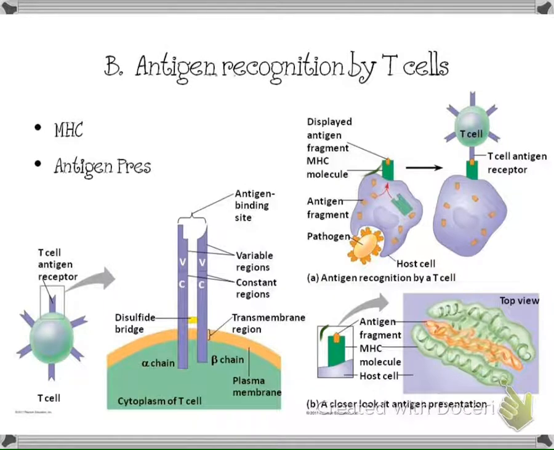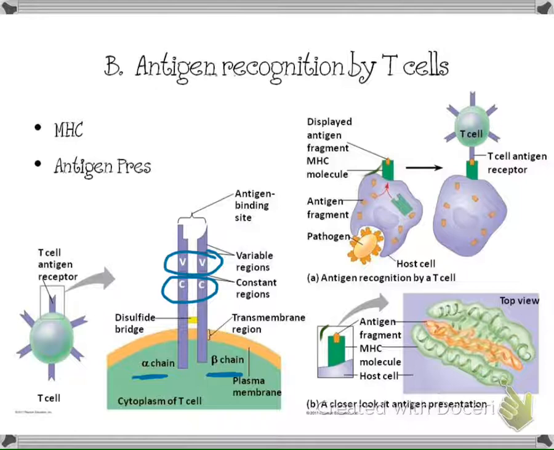Antigen recognition by T cells. Each T cell receptor consists of two different polypeptide chains called alpha and beta. Again, you have your constant regions and variable regions. The tip is the variable region.